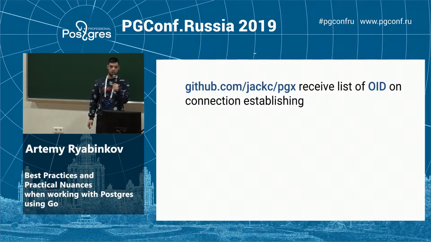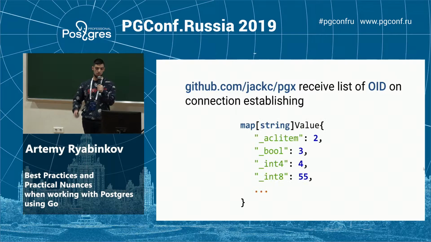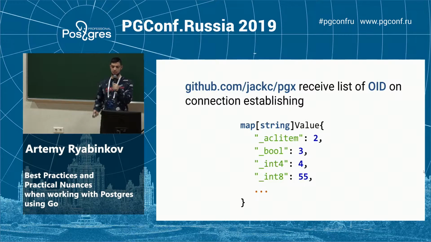Apart from that, there is an interesting feature of PGX. For every query, it gets a list of object IDs, for every connection establishing. Why does it do it? To understand what column stores what data. PGX has a dictionary where the key is the type and the value is the object ID.